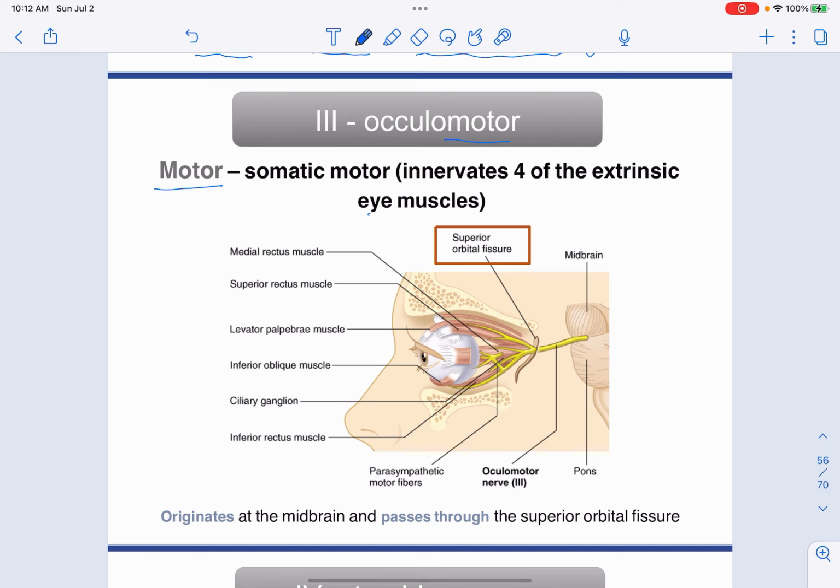That's what these muscles are allowing us to do: move our eyes up and down, left and right. This nerve originates at the midbrain, and it passes through the superior orbital fissure. Do you remember the superior orbital fissure of the sphenoid bone? You can see how it is originating here at the midbrain. It's going to pass through that fissure in the sphenoid bone, and it's going to innervate those muscles of the eye. That is the oculomotor nerve.